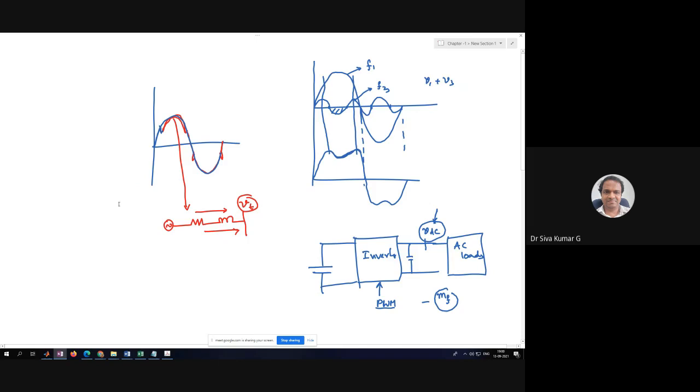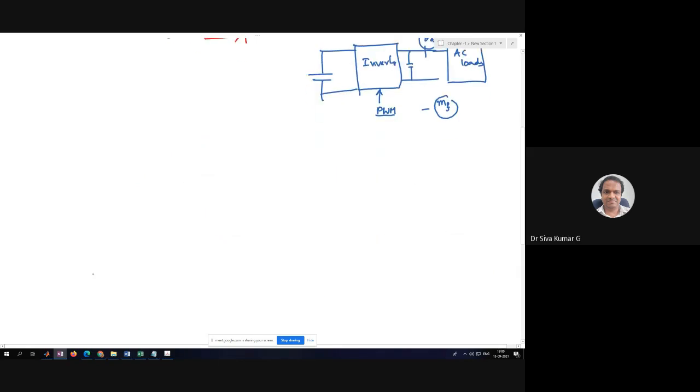One simple thing: there is a source, there is a feeder impedance, and there are some loads, maybe load 1, which is an RL load. And there is one more load connected, a nonlinear load.